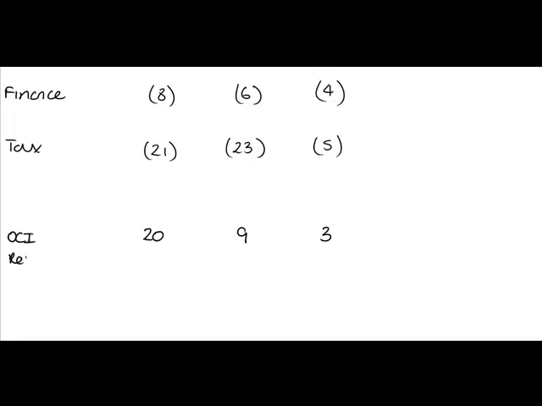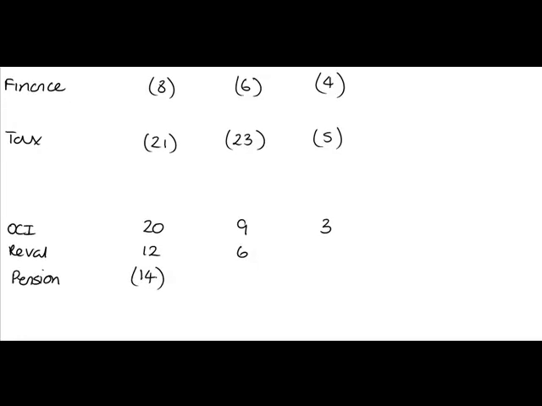For the revaluation, 12, 6 and nothing. And for the pension, it's 14 negative. By having such an approach, you're accumulating marks all the time. Let's now take a look at the additional information.